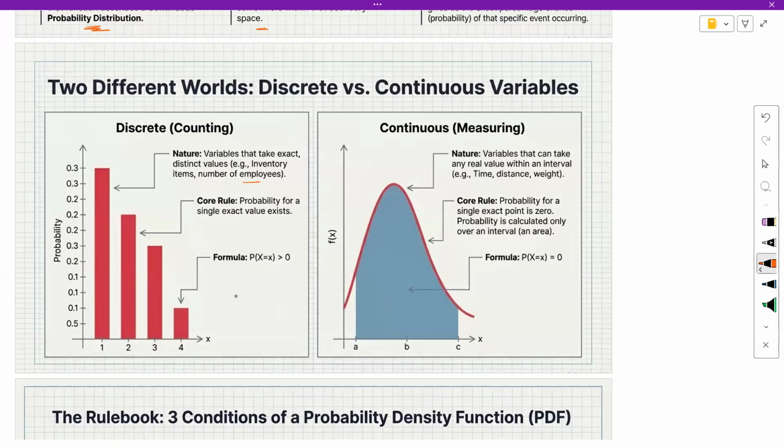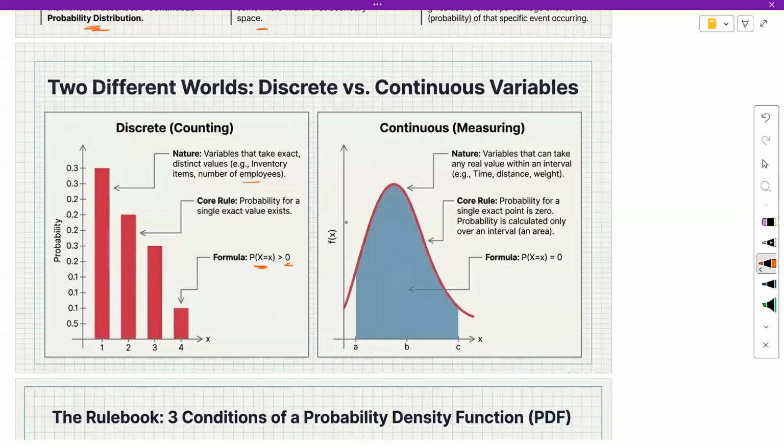Score 3 has its own probability, 1 over 6. When we toss a coin, the head has its own probability, 1 over 2. The formula is that the probability of x in a discrete variable is more than 0.